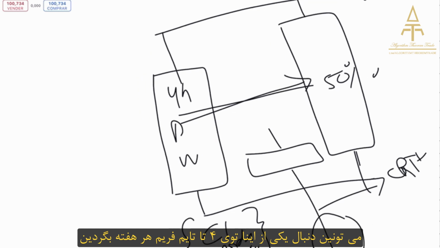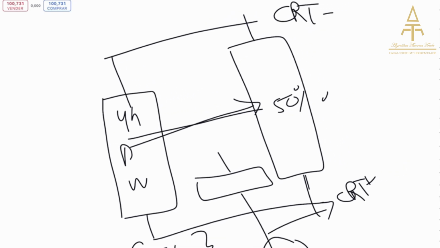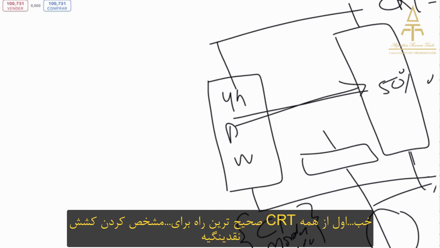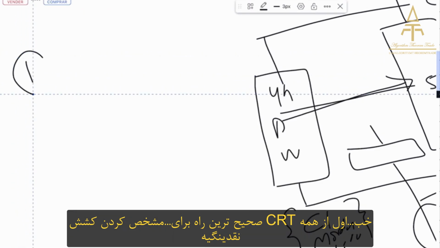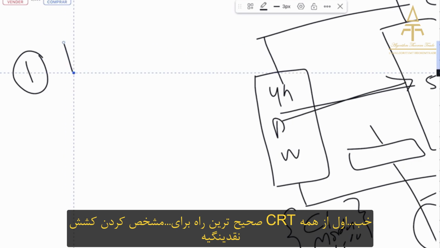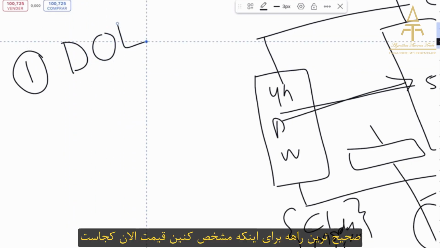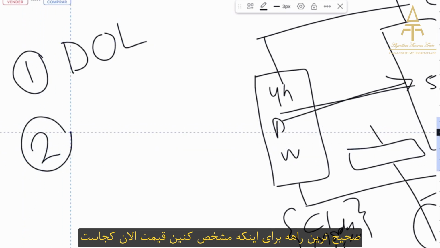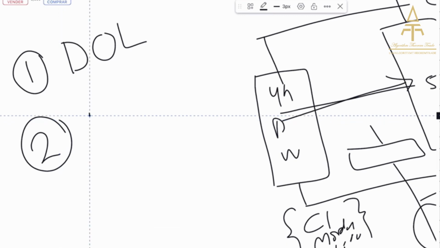You're looking to catch one of these on the 4-hour time frame every week, and you're good. So, first of all, CRT is the most accurate way to determine drawn liquidity. It's the most accurate way to determine where the price is heading to next.